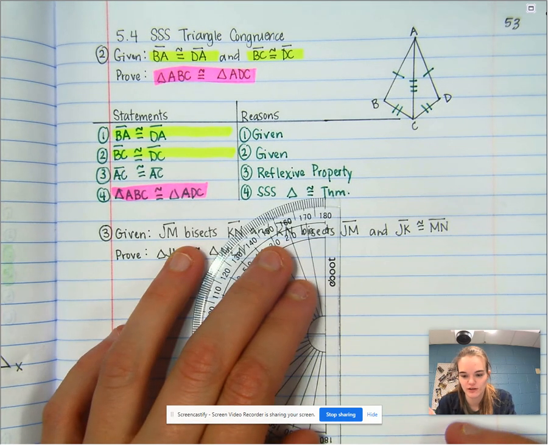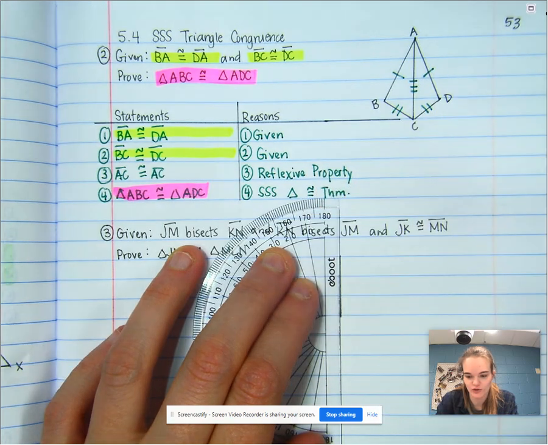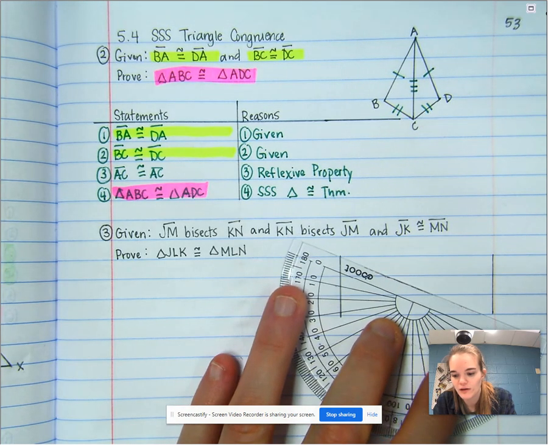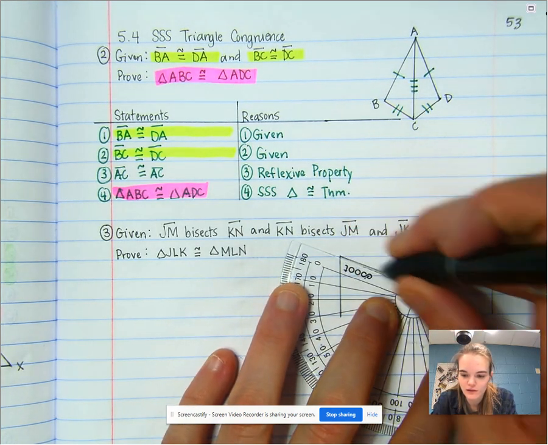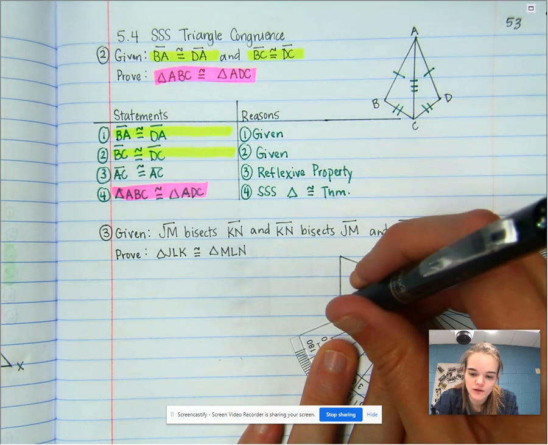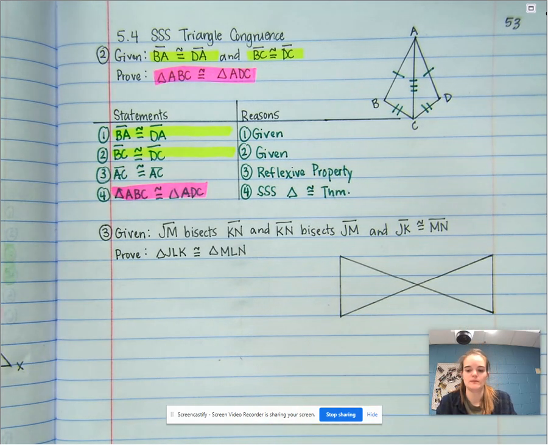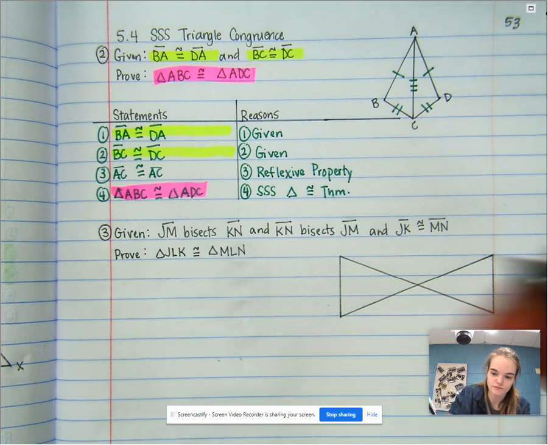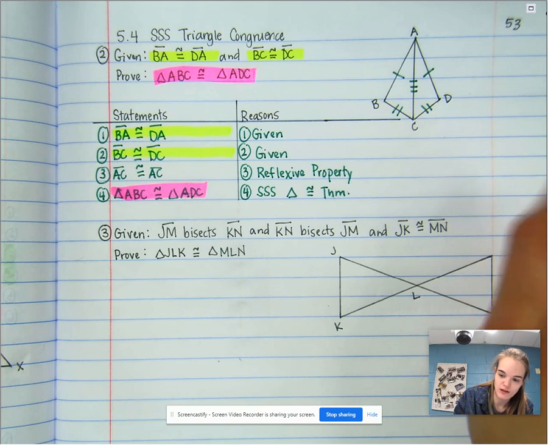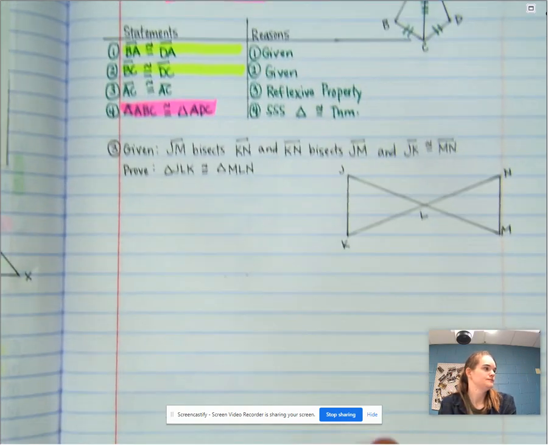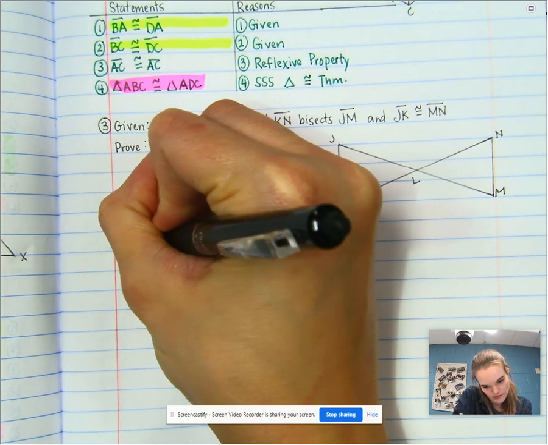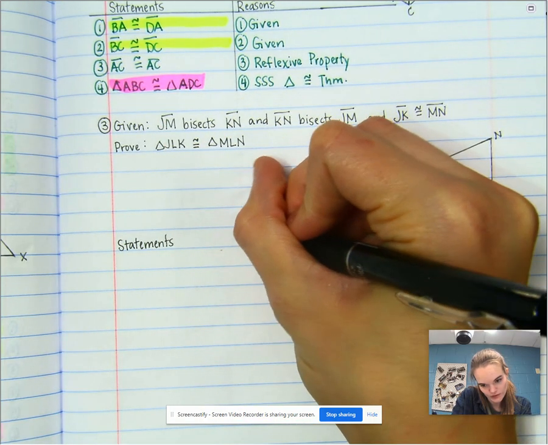All right, so we're drawing, I like to call them my bow tie triangles here. J, K, L, M, N. Statements, reasons.